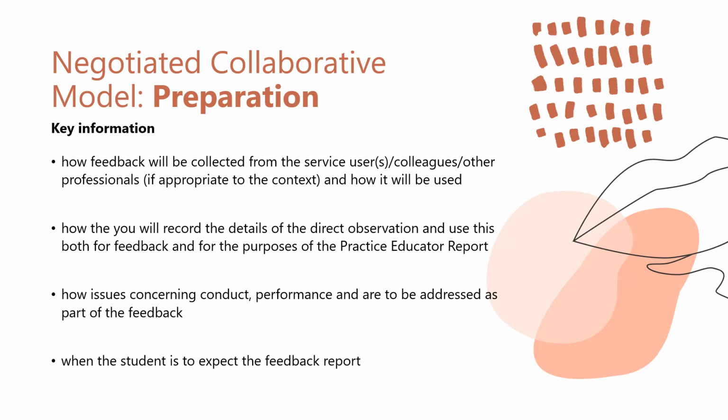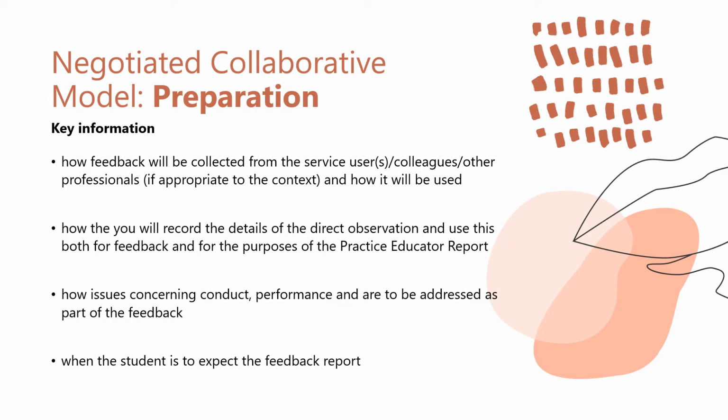Again, this is something that you would need to discuss with the practice educator, because obviously it's something that the practice educator would want to discuss as part of the student's supervision. And also, you need to very clearly state when the feedback report will be expected. And as said previously, it's got to be within 2 weeks of the observation.